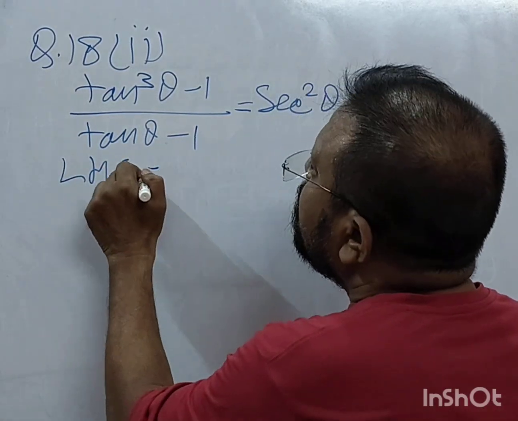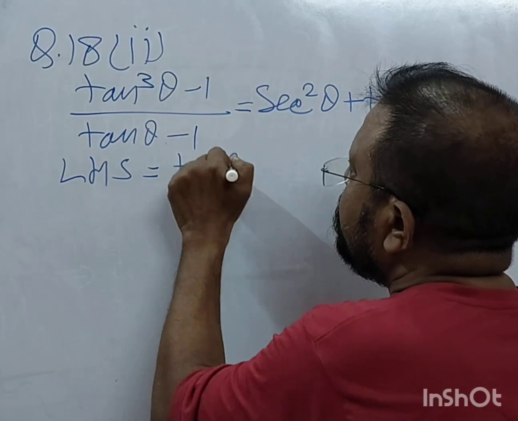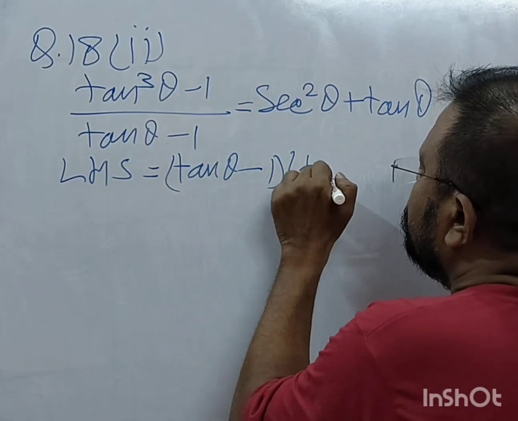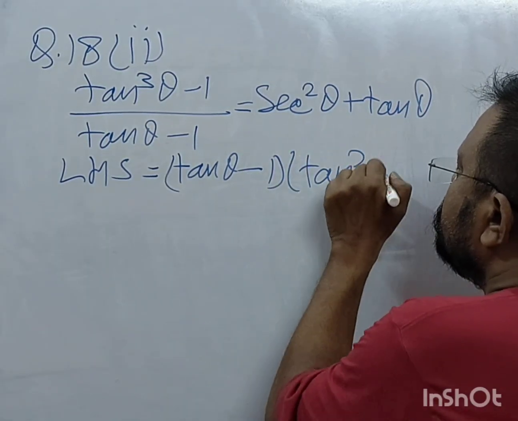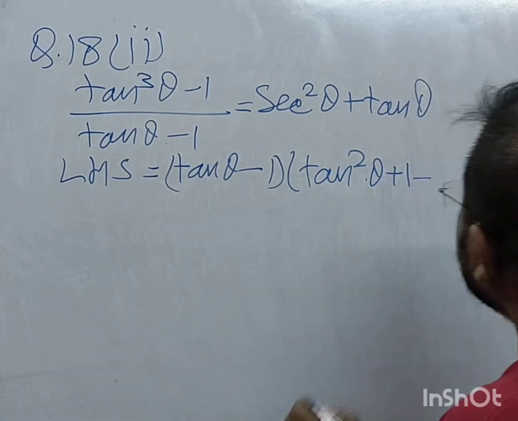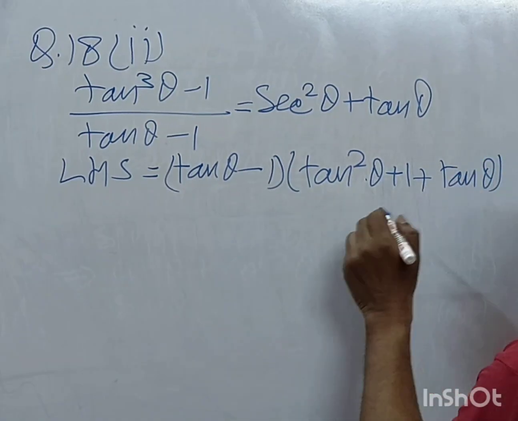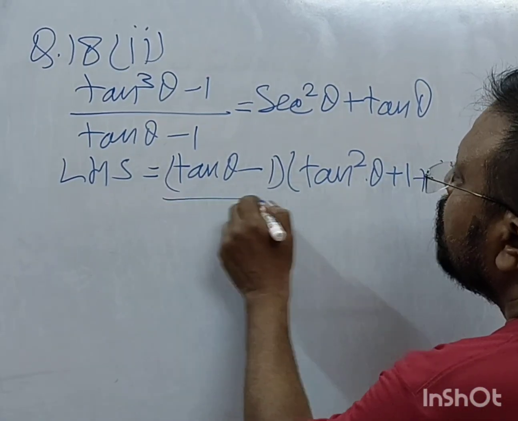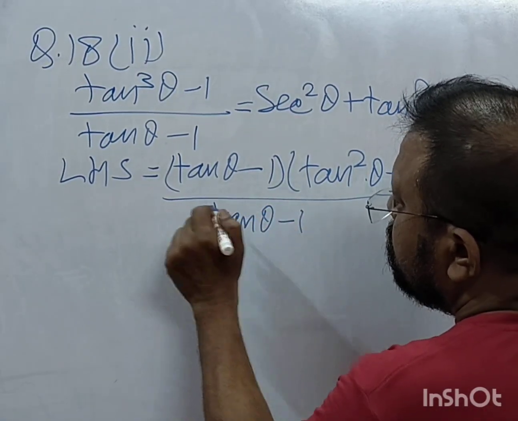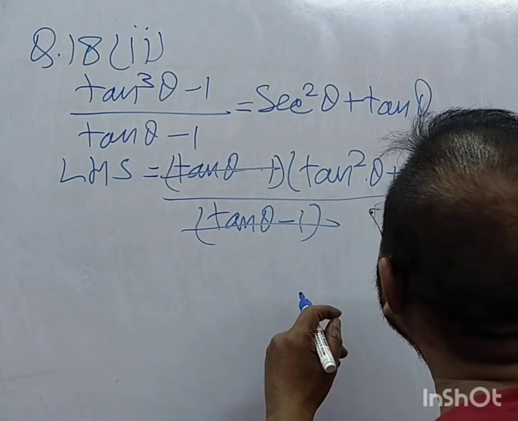Yes. LHS. So here we apply (tan theta minus 1) bracket (tan square theta plus 1 plus tan theta) upon (tan theta minus 1). This tan theta minus 1 cancels out, right?